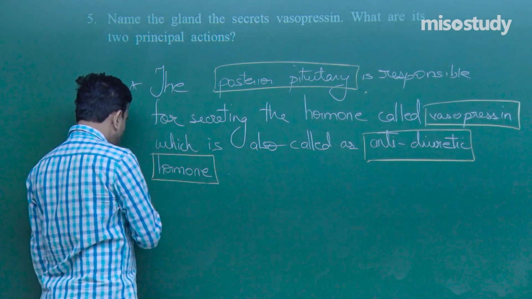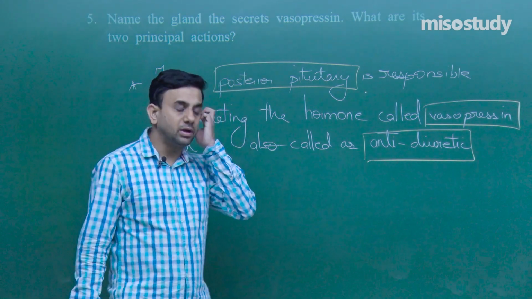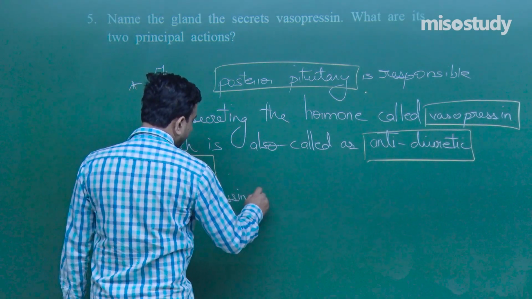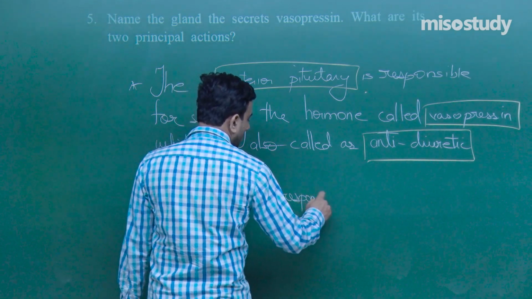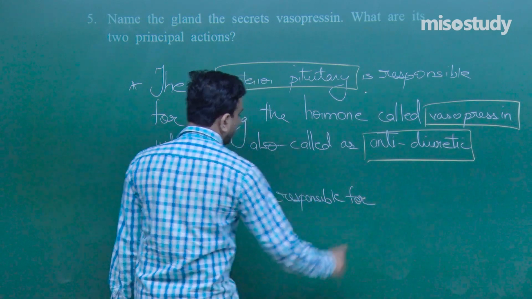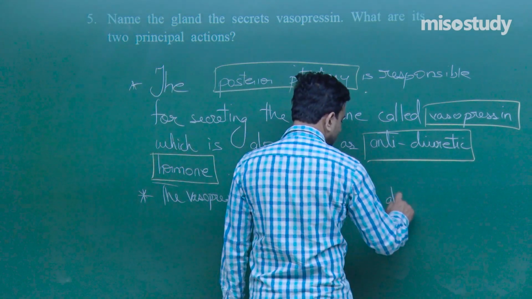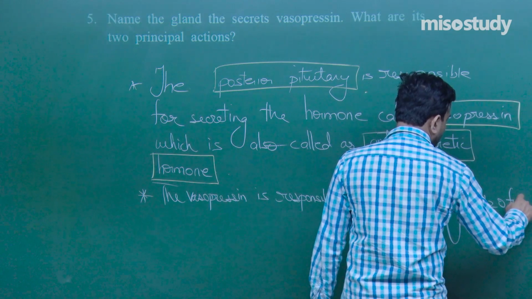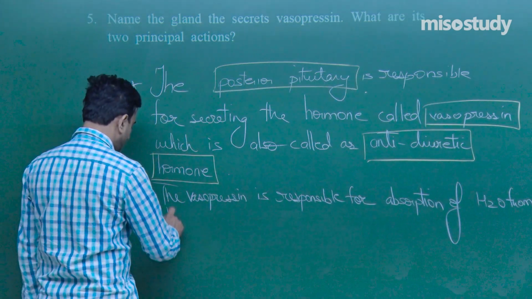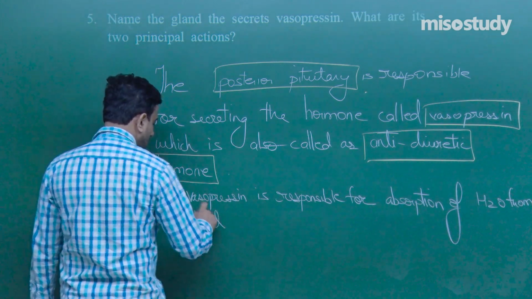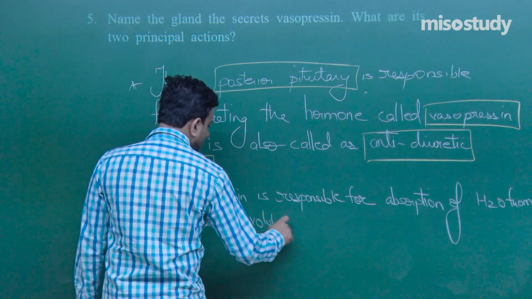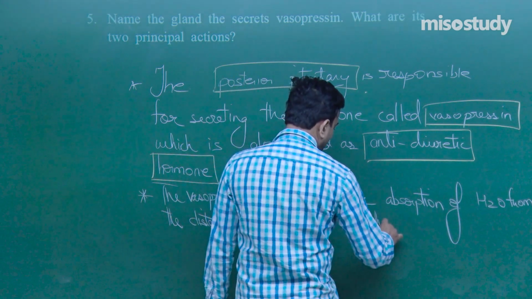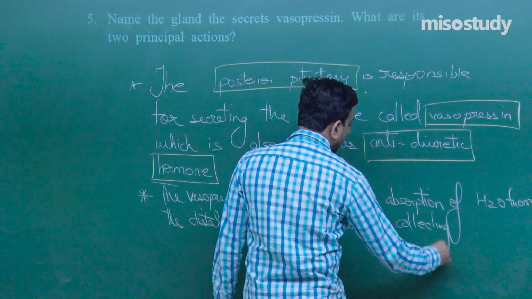Now, what does this hormone do? The vasopressin is responsible for absorption of water from the distal convoluted tubule and the collecting duct.